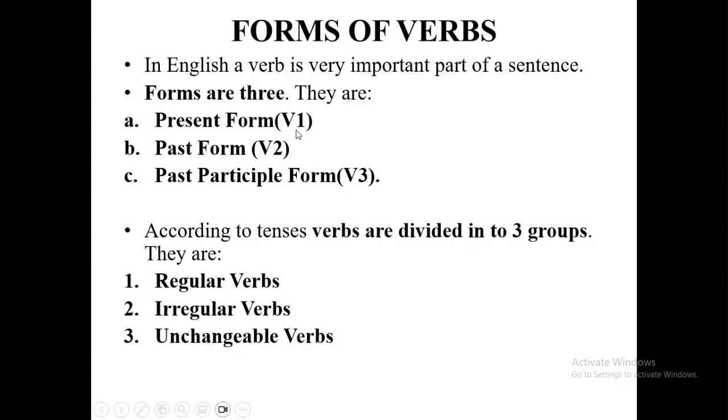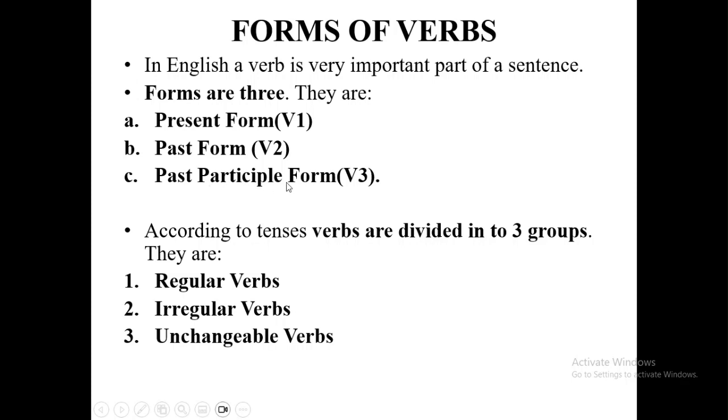In short, it is called V1, that is verb 1. The second form is the past form. It is used in past tense, and V2 means verb 2. The third form is the past participle form. In short form, it is known as V3, that is verb 3.